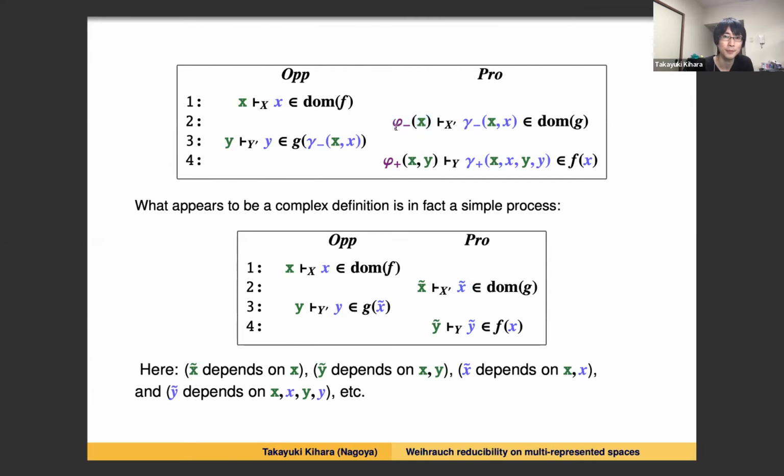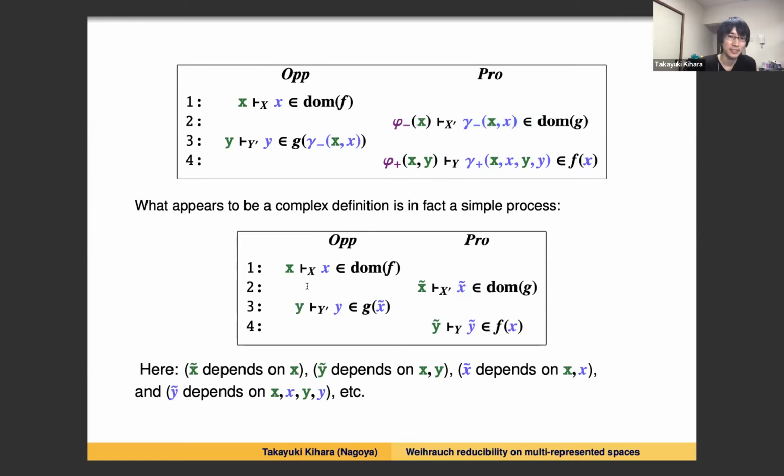If it is a represented space, we don't need gamma, but if it is a multi-represented space, one name can represent many points. So phi minus x does not determine gamma something, this part. Is it okay? So we need gamma if we consider multi-represented spaces.